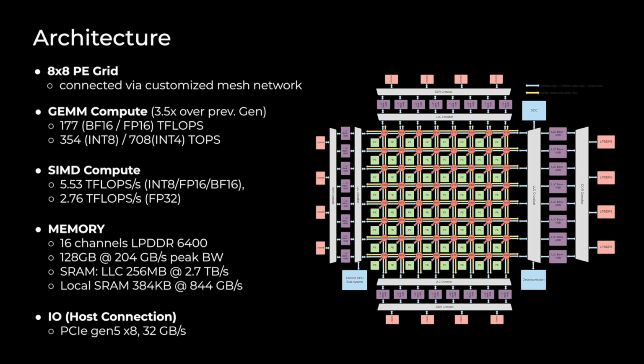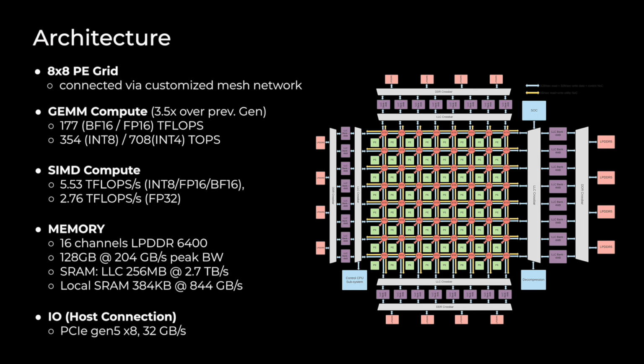Let's take a closer look at the architecture of this generation. You can see we have the same 8x8 compute grid as the previous generation with more balanced NOC or mesh networks. Each PE again consists of CPU control cores, dedicated matrix multiplication engines, and special math engines. We also support SIMD or DSP-like vector extensions for generic programming. We made significant improvement on the computing, which is the key metric for AI acceleration.